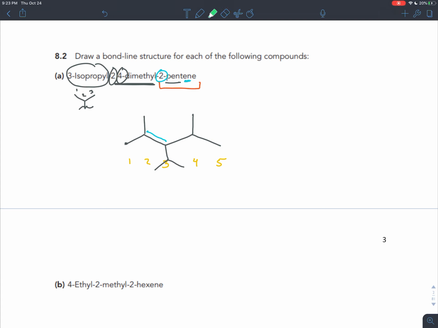We have 3-isopropyl, 2,4-dimethyl, 2-pentene. And so that molecule there will be the drawing for that name.